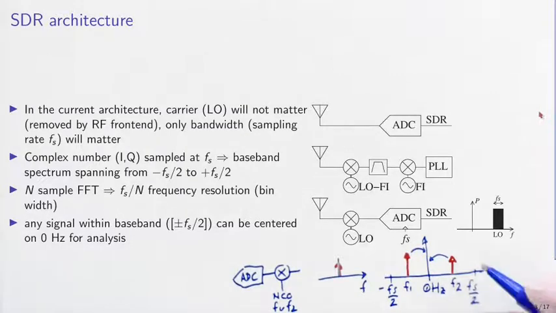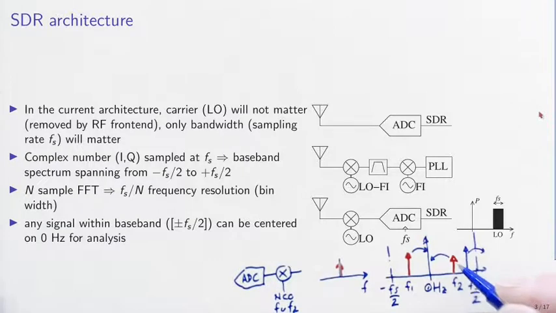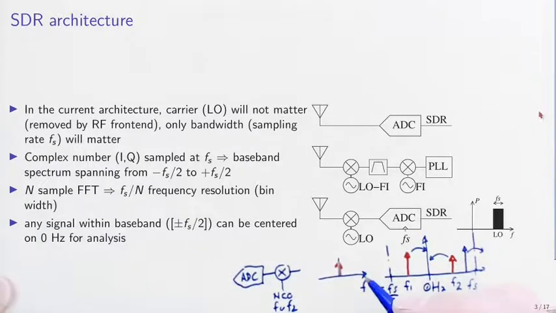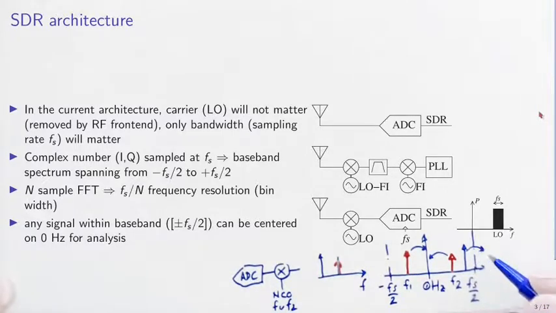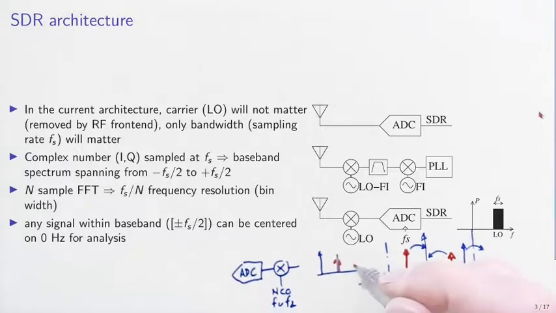However, imagine that another spectral component is lying in this region over here. Then by moving this spectral component to center 0 Hz, by assumption of the periodicity of the spectrum, this spectral component will be shifted by the same amount, and so will this spectral component. So we will end up with this blue spectral component shifting by aliasing to the negative frequency band, and this spectral component here will move to the positive range over here.